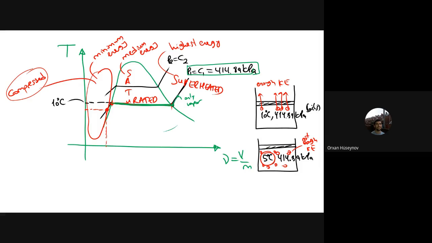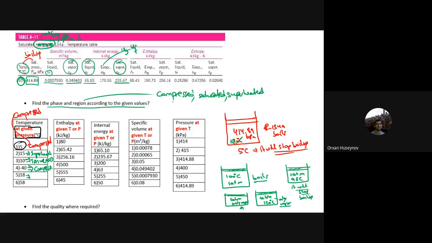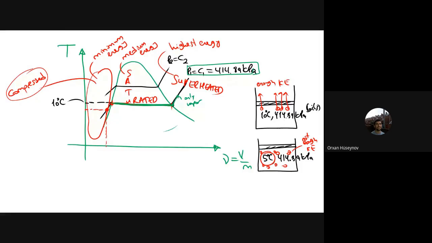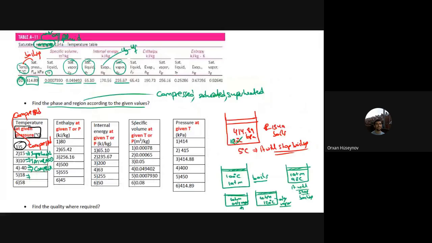If you increase the temperature above the boiling temperature, you are in the superheated region. Therefore, the 18 is superheated. And the last one, which is 58 degrees Celsius, similarly, will be superheated. So these are the regions for the temperature.